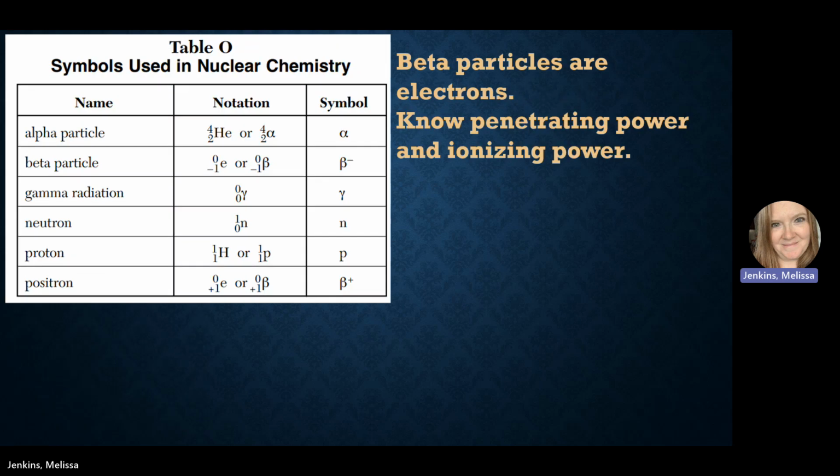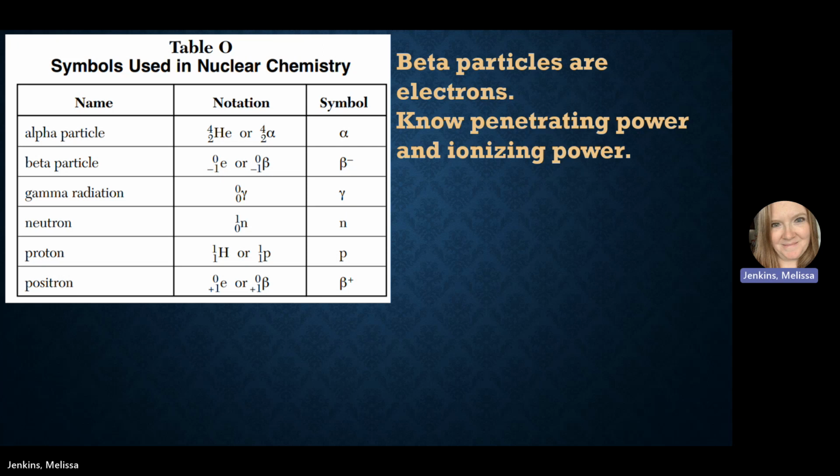Table O, basically the only thing you should know for sure, beta particle is the same as a what? What is another name for a beta particle? Electron. So beta particle is an electron, okay?